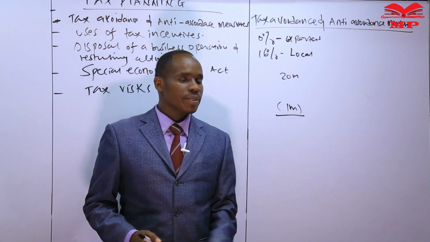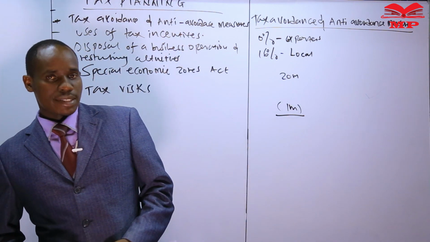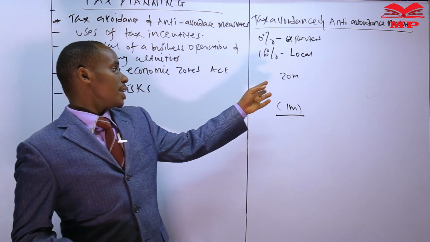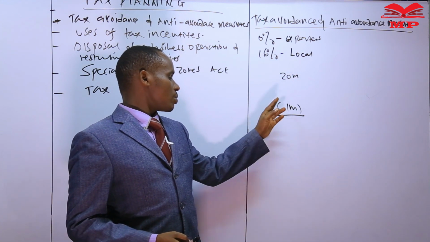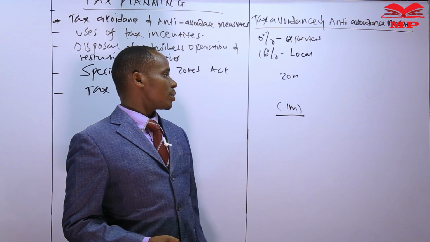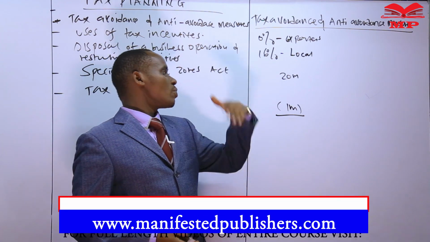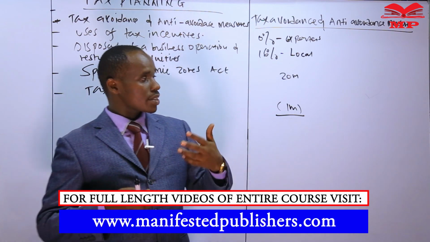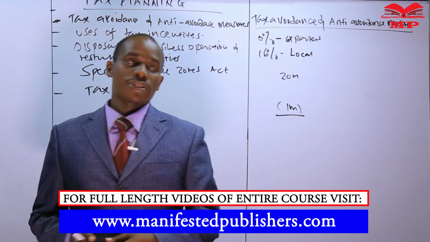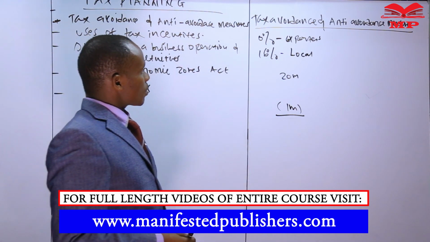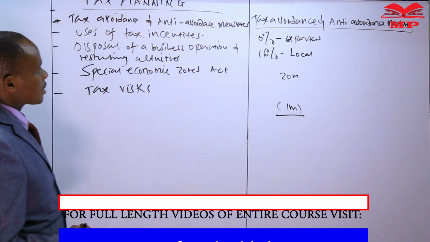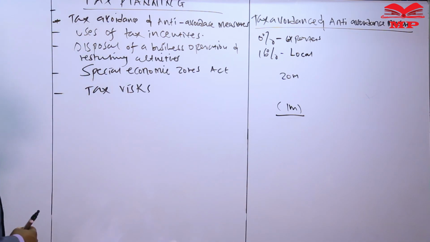So maybe after 1 year, this lorry that we captured in class 1 is likely to have a value of like 18 million. When we deduct that, we will not be claiming capital allowances on an asset that is not existing. So that is what we need to understand under tax avoidance and anti-avoidance measures.